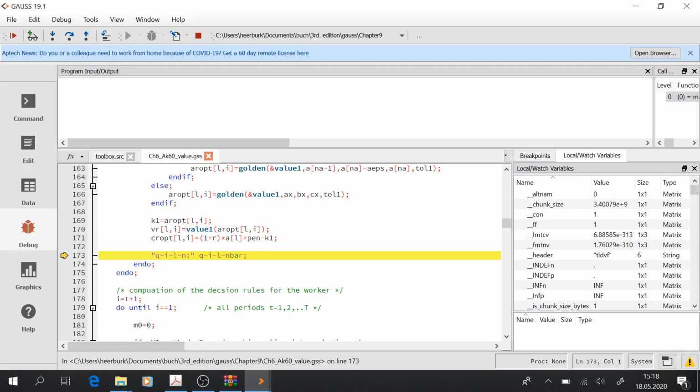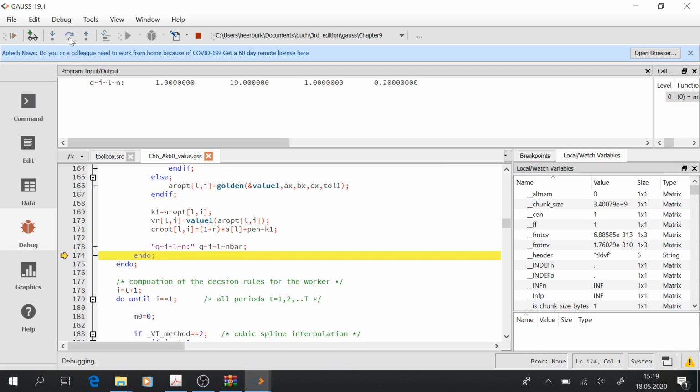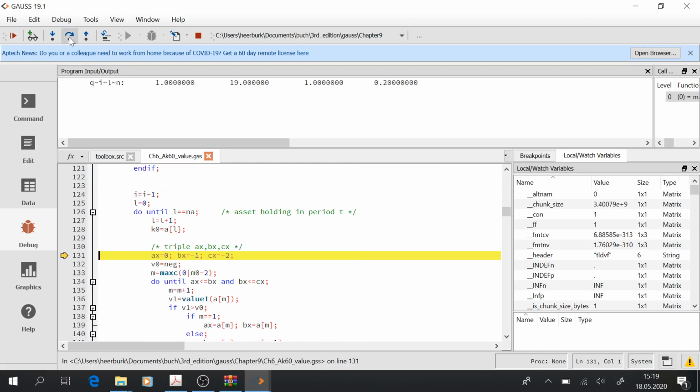We save the optimal value of the value function in our matrix VR of the optimal lifetime utility, and we save optimal pensions. Now let's go to the next iteration.